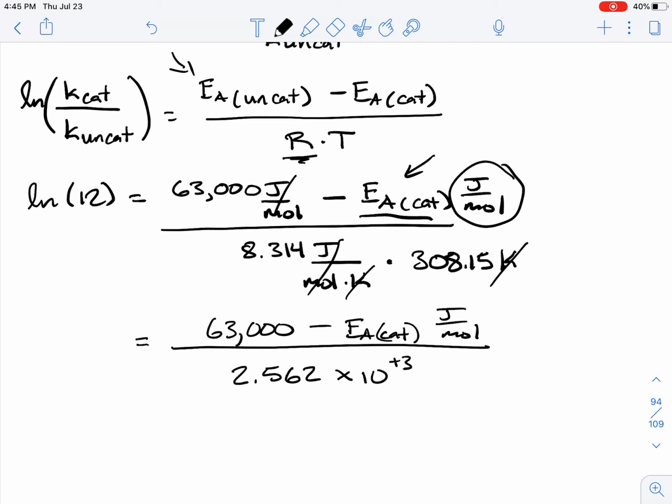And so natural log of 12 is going to be 2.48. So since there are 2 sig figs, that means I have 2 decimal places.